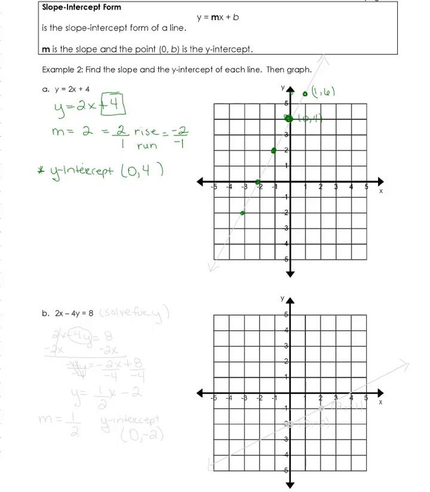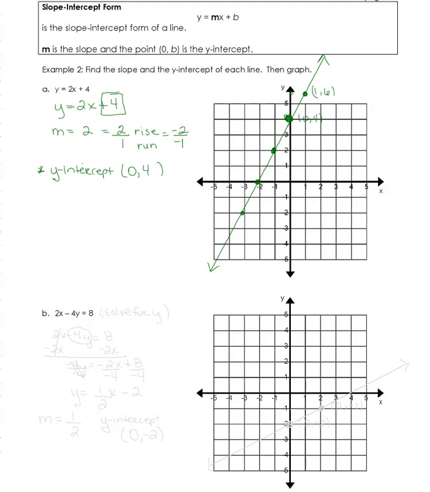So then, connect your points. There you go. That's your line.